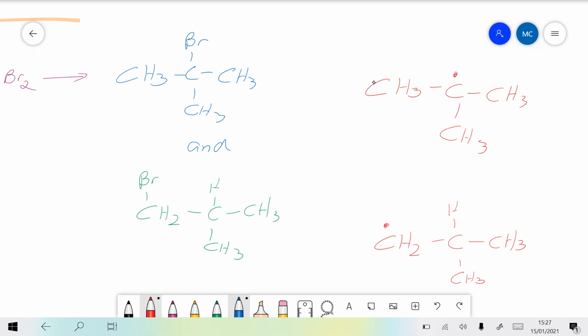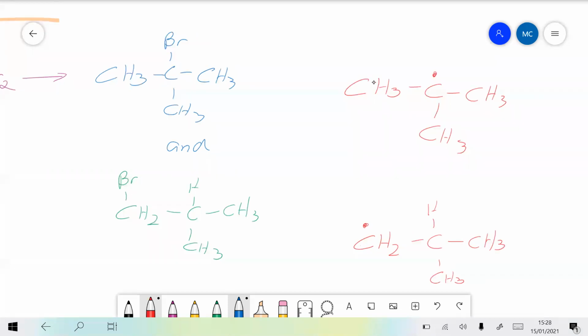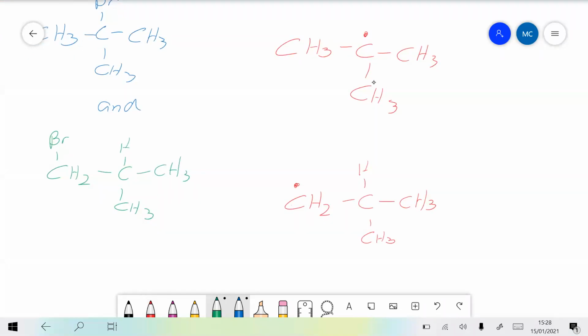Now, instinctively, all of you should realize that the upper one is going to be a lot more stable. A tertiary radical versus a primary radical.